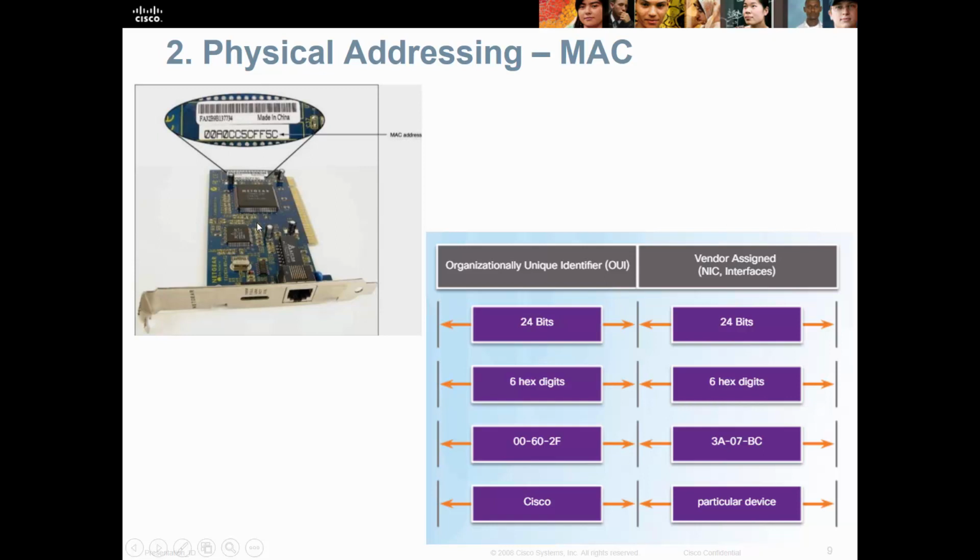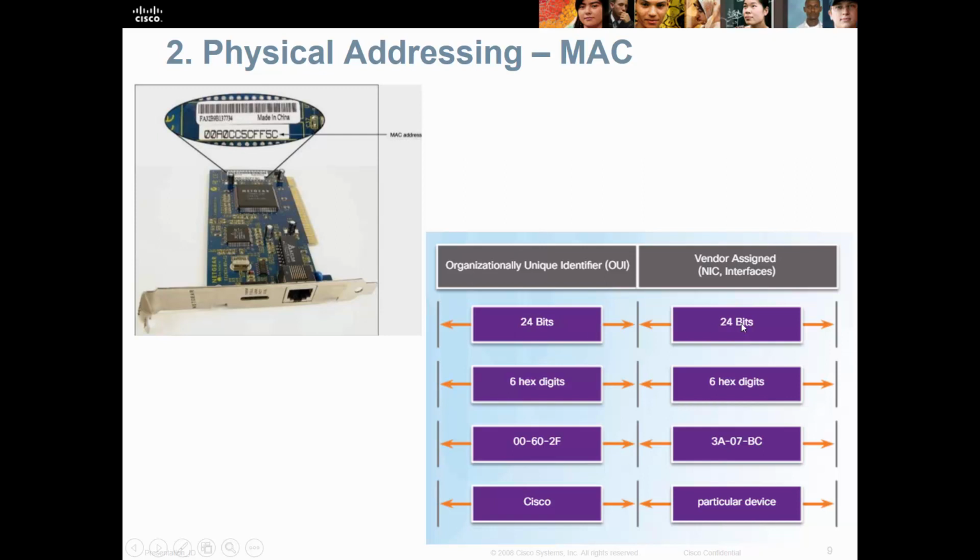Now, remember each hex digit is represented as 4 binary bits in memory, 4 ones and zeros. So 12 times 4 tells us that the MAC address is a total of 48 bits. Remember, the IPv4 address was a total of 32 bits. The MAC address is obviously bigger. It's 48 bits, which we write down as a hexadecimal number.